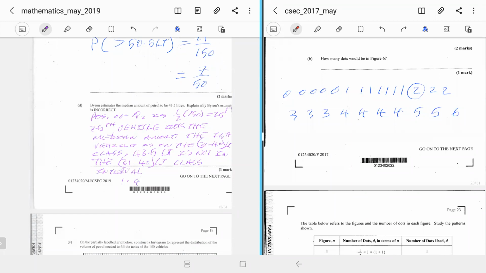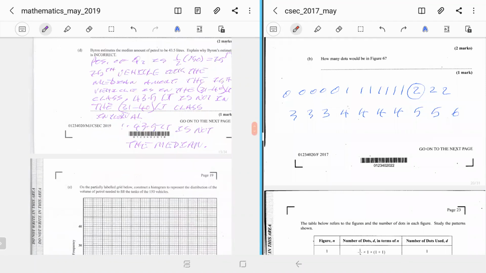Therefore, 43.5 liters is not the median. That's it. Good? Do you understand that? Yes, sir. Yes, sir. Listen now, go and work over the question now. Don't joke. Go and work over the question.